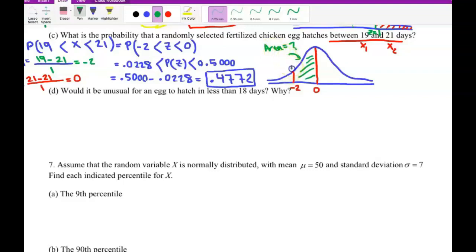So using table, we got that the area for this part was 0.0228. And the area for this part, okay, to this point, the area was 0.5000. That's why we need to subtract to find the answer for this part. So 0.5000 minus what we have here, we can find the answer for this part.